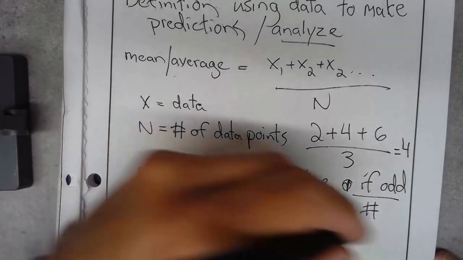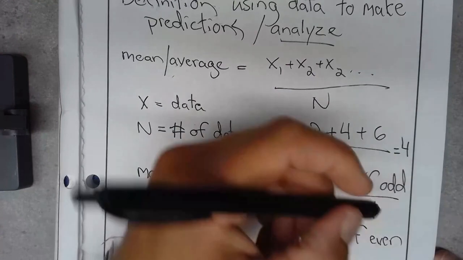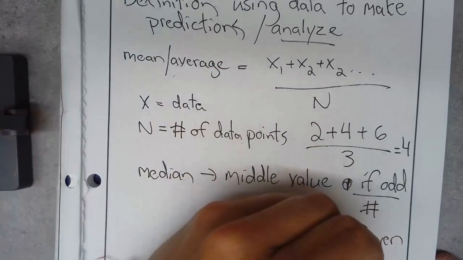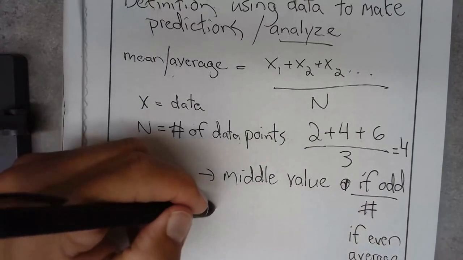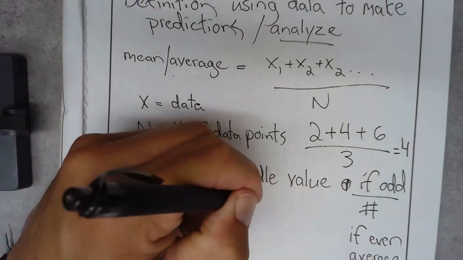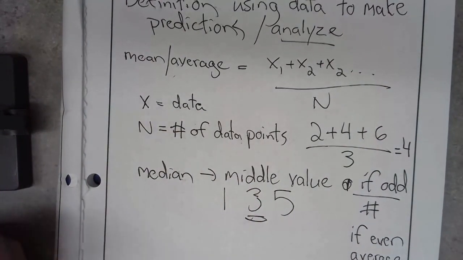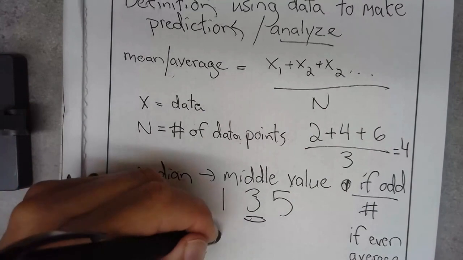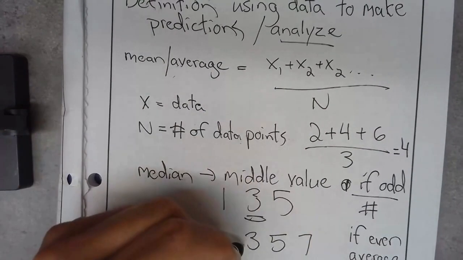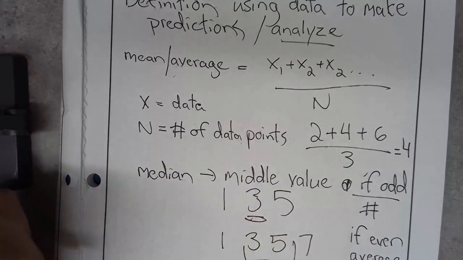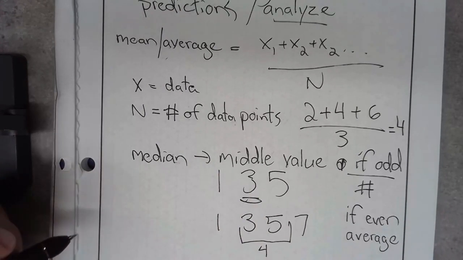If it is even, it'll be the average. All right, so see if this makes sense. So if you have 3 data points, 1, 3, and 5, then this is the median. If you have 4 data points, 1, 3, 5, and 7, then you would take these 2 middle points and you would average them together to make it 4.